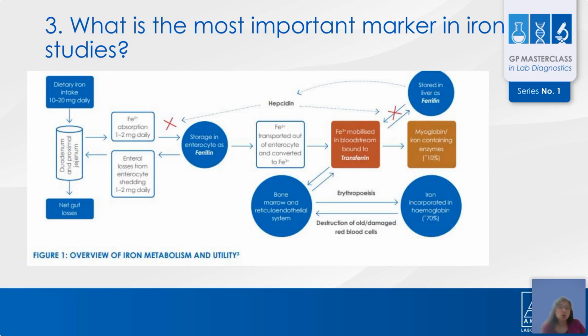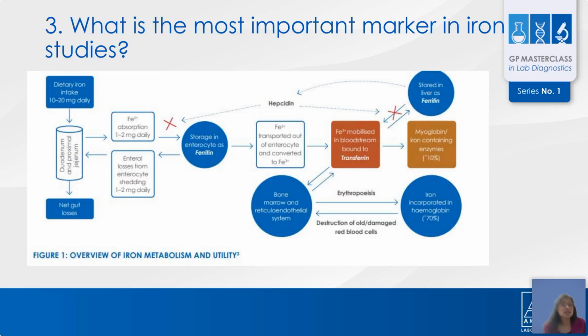Therefore, no single indicator for iron status assessment exists. Iron studies should be interpreted in combination. The reference range for each parameter may differ between laboratories due to differences in the analytical methods used. Each laboratory must confirm their own reference ranges.